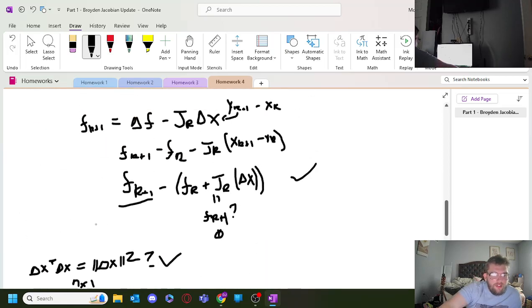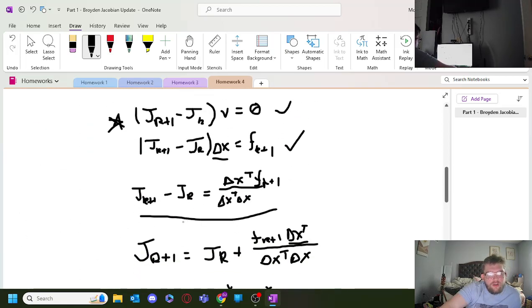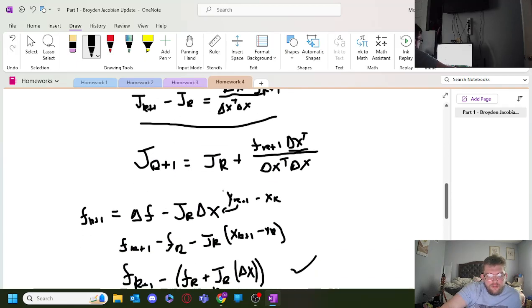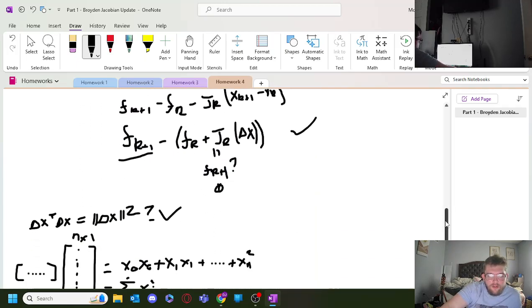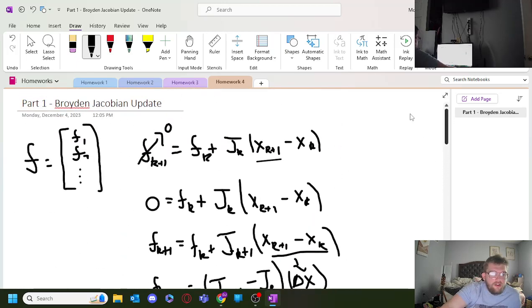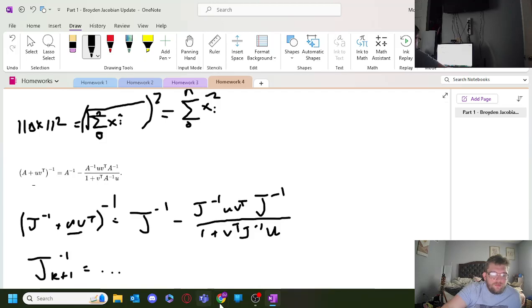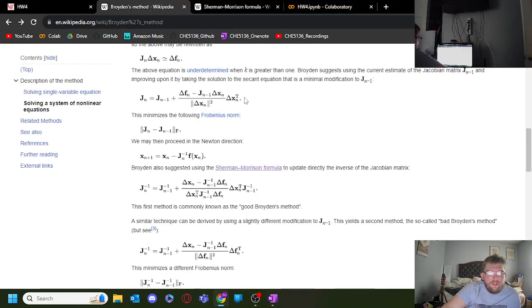So let's go back up to our Jacobian update: J sub k plus 1 equals J sub k plus yada yada. If we go to the actual Broyden's version of it, what we see is we can split this up into two.